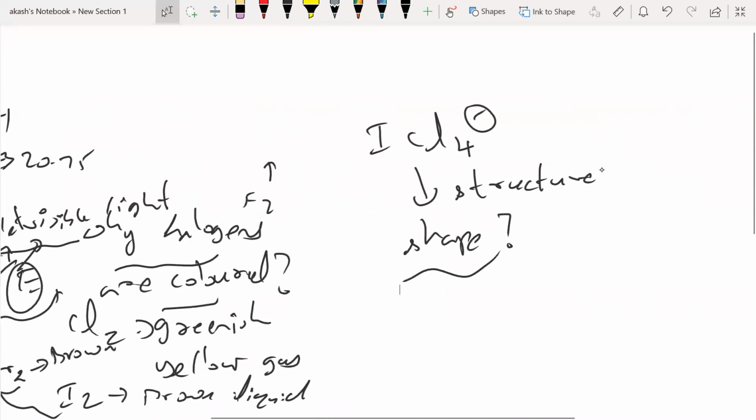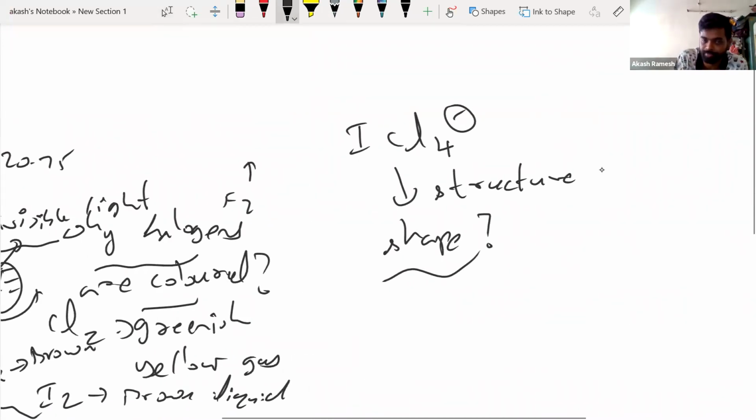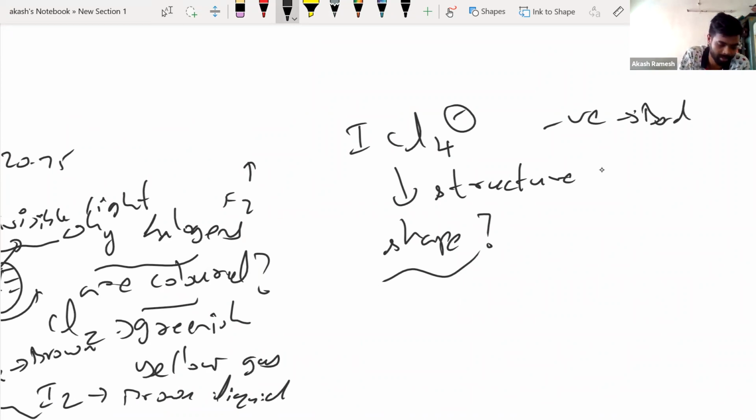So now, how do you decide this? First, you have to decide the hybridization. Whenever this kind of compound comes, the negative charge goes to the bonding atom, and if I have a positive charge, it goes to the central atom.